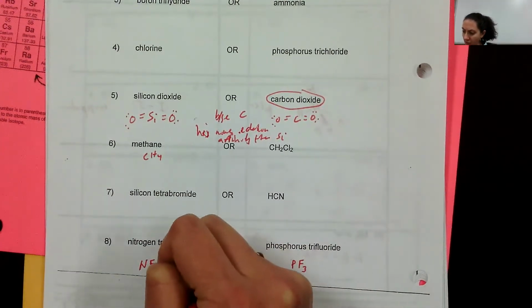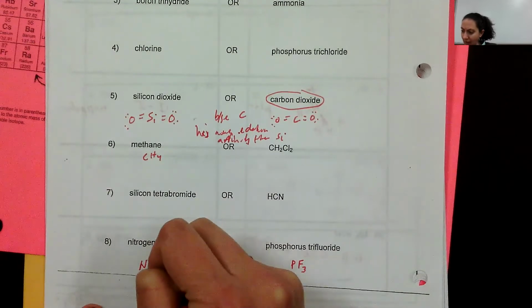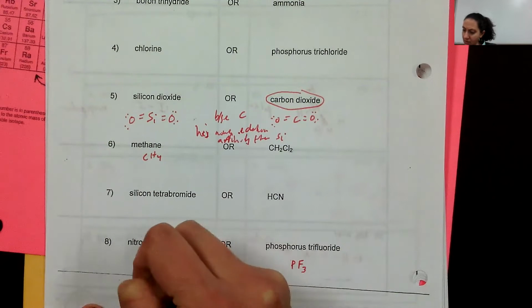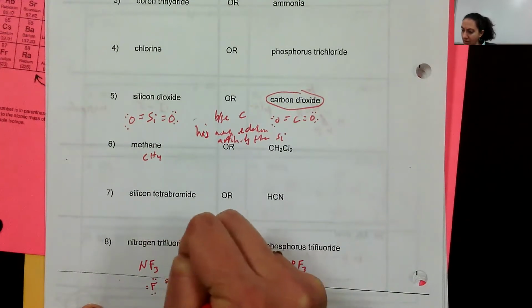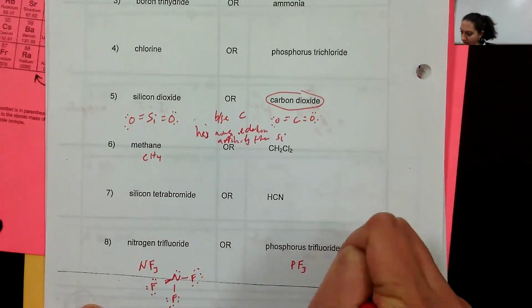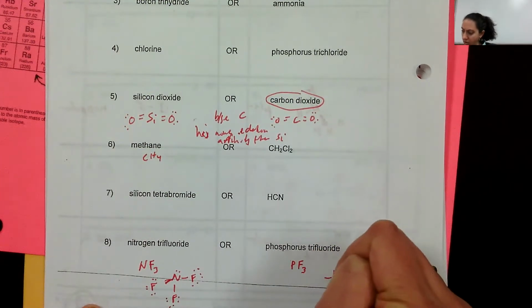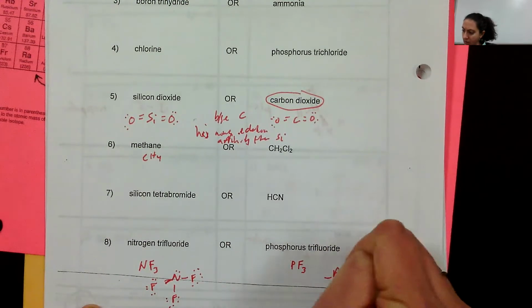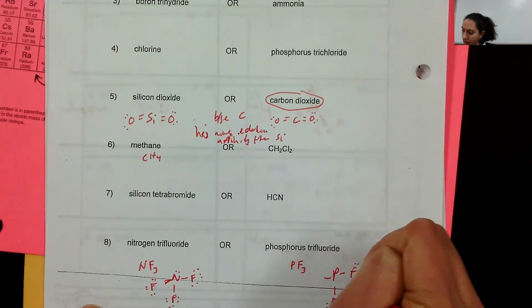You know what, I'm going to draw it and maybe we'll do it in class or you all can kind of try to figure it out. I just want to draw it this way because it's a little easier sometimes. Maybe you guys can tell me which one of these you think is more electronegative.